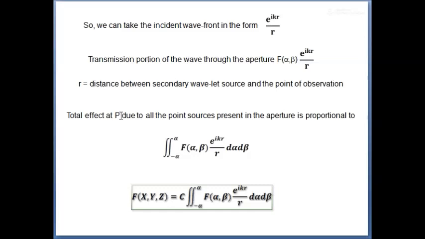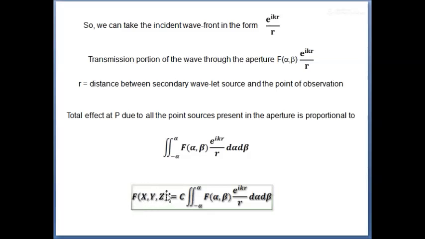Now the total effect at point P is calculated as capital F(x, y, z). This is the total effect at point P due to diffraction.